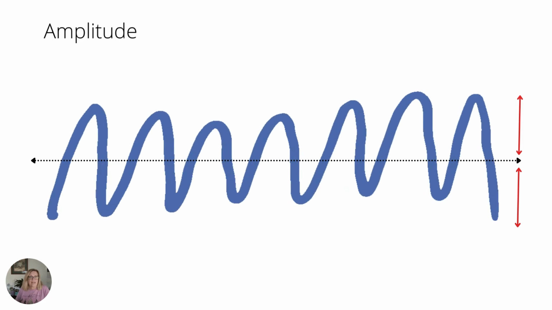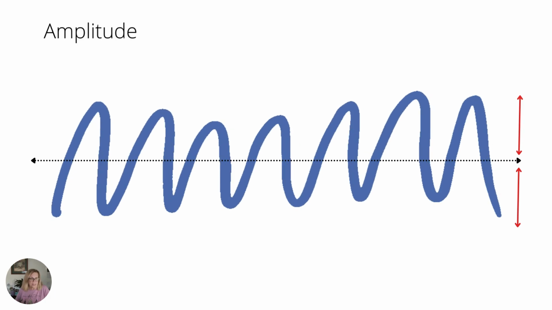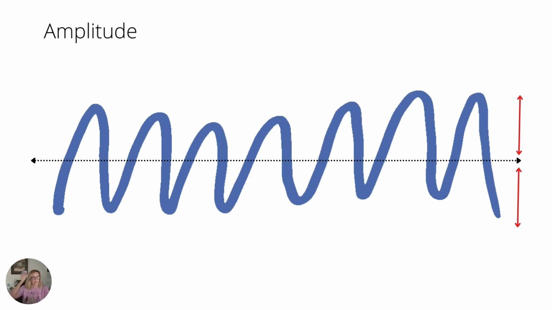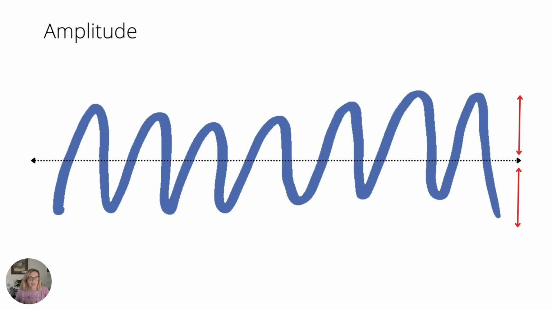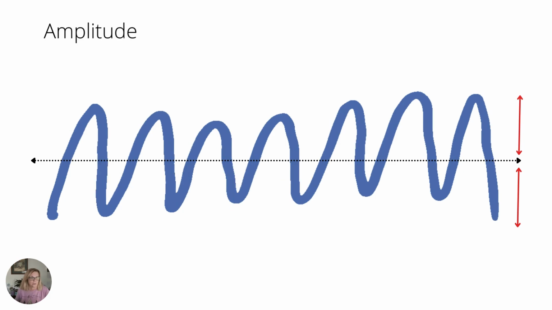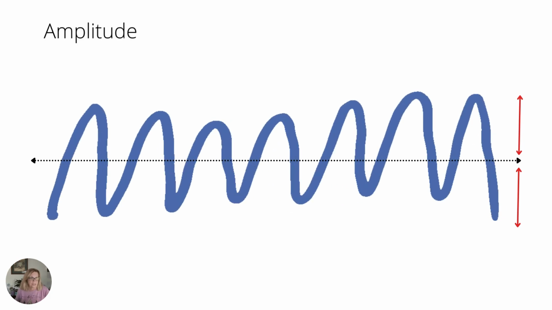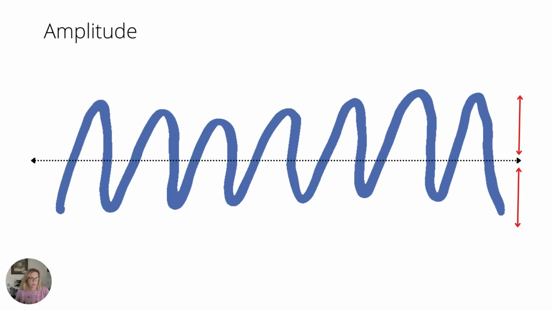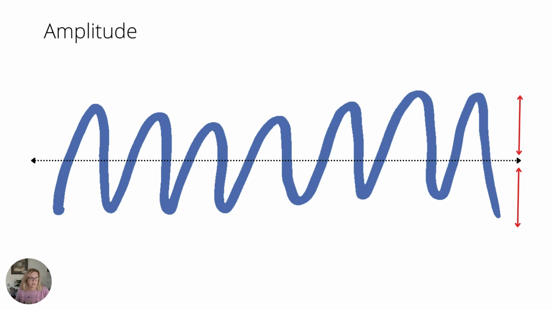So if it's a flat lake and there's no waves, then the water would be on the resting line. Then if the wind kicks up and you get more waves, then the wave action gets higher. And the higher it goes is called a higher amplitude. So amplitude is how far away from the resting line it is, either high or low. And just remember, as high as the wave is, it's also that far down.